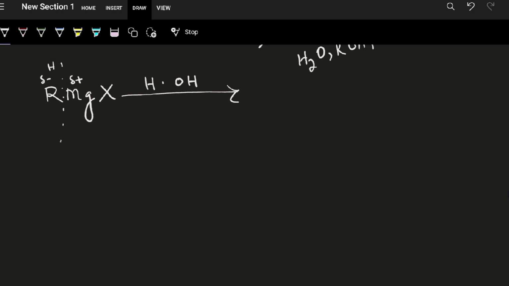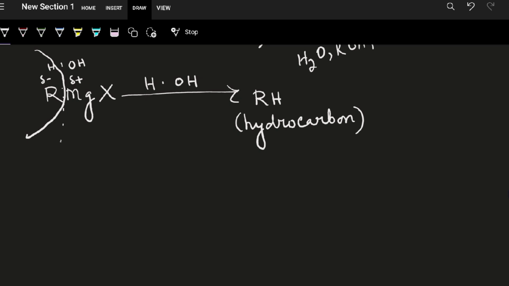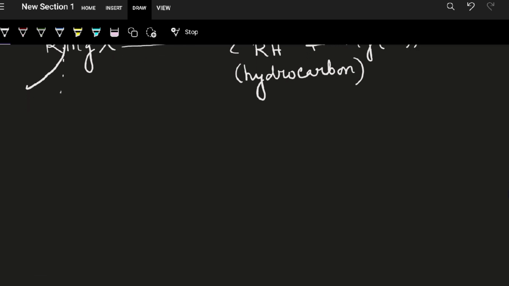Suppose hydrogen attaches to this end and OH attaches to this end. So when it breaks up, the product that you are getting is RH, which is a hydrocarbon. So it is said that Grignard reagent with sources of proton forms a hydrocarbon and MgOHX is the side product. That is the reason that Grignard should be prepared under anhydrous condition.